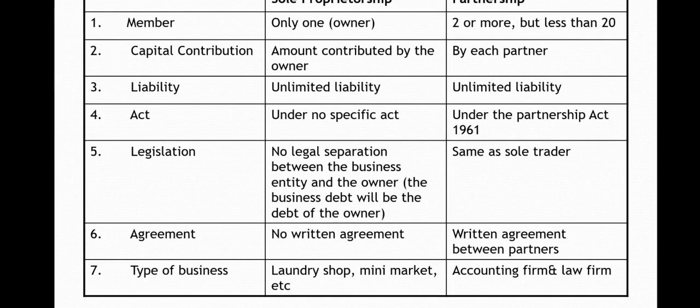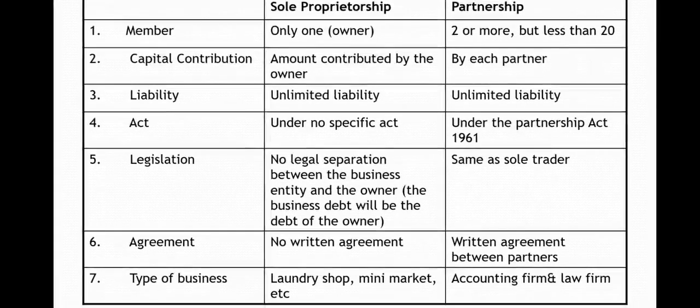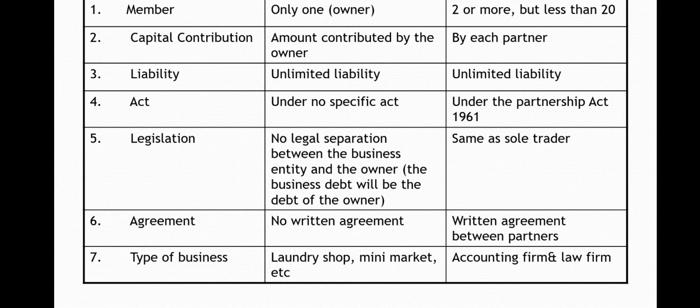Then capital contribution. Most of the time, a sole proprietorship is funded by one owner, but in a partnership, the capital is contributed by the partners. Liability: both partnership and sole proprietorship are businesses with unlimited liability.